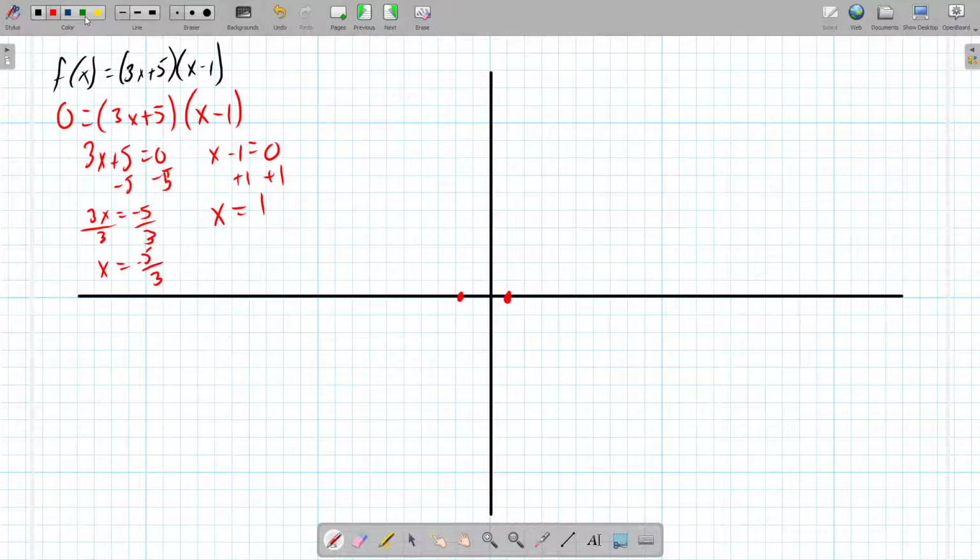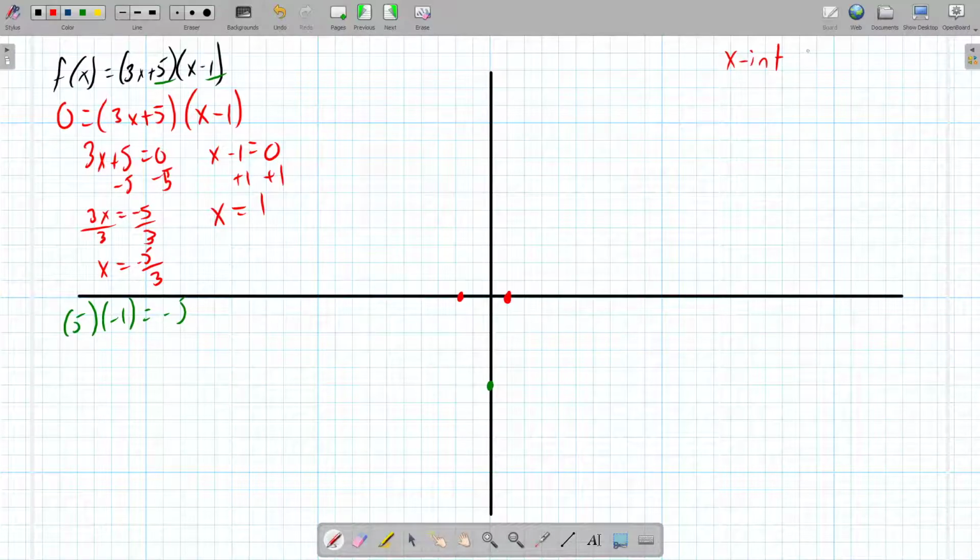To find the y-intercept, I want to multiply the last term of each binomial together. 5 and negative 1 make negative 5. Negative 5 is my y-intercept. 1, 2, 3, 4, 5. Plot the point, and let's make sure we're labeling all of the important information.